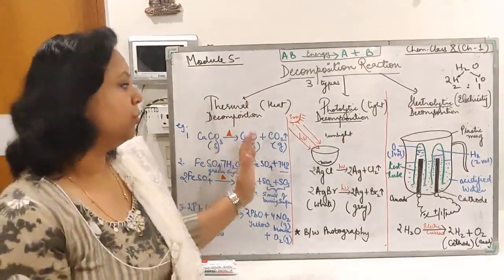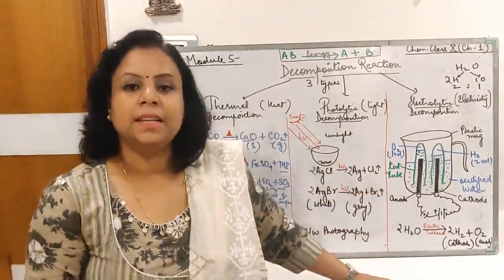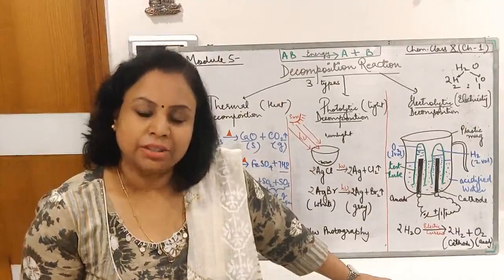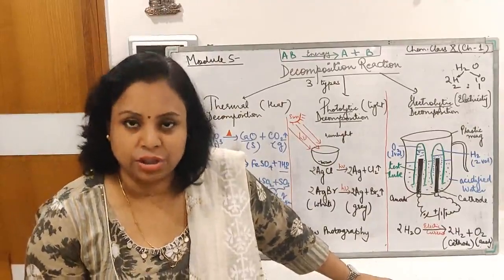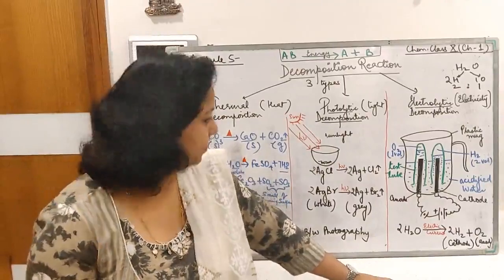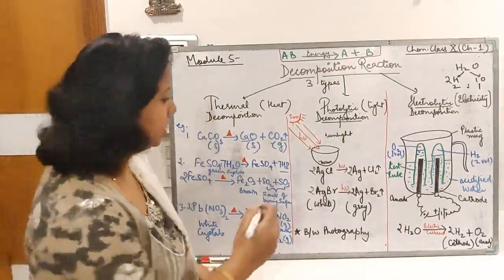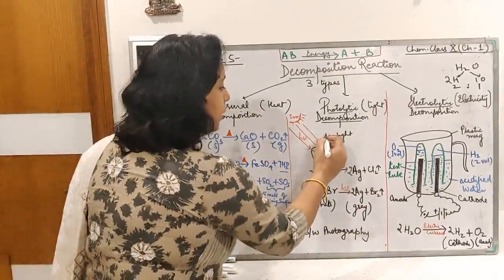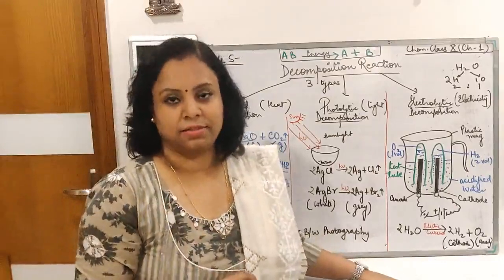Now we move to photolytic decomposition, which is basically the decomposition reaction which involves the use of light energy or photons. Now, for such type of reaction, the silver salts are very photosensitive.